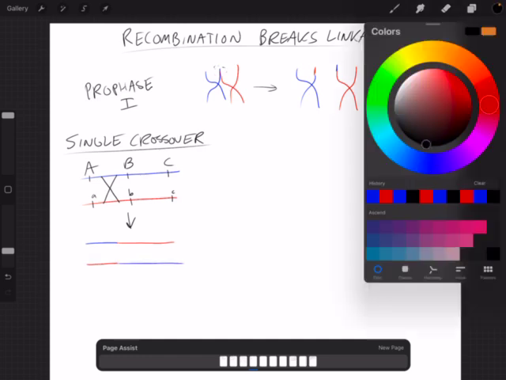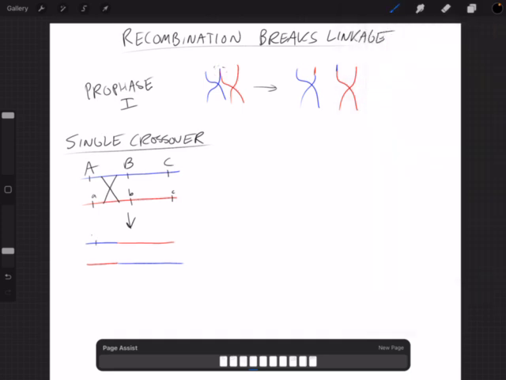That gives us a dominant A allele, but now, rather than being next to the dominant B and C from the original blue chromosome, this A allele is next to a recessive B and a recessive C from the red chromosome, while the other chromosome has the recessive A allele with the dominant B and dominant C alleles.